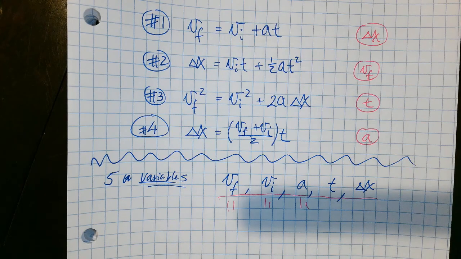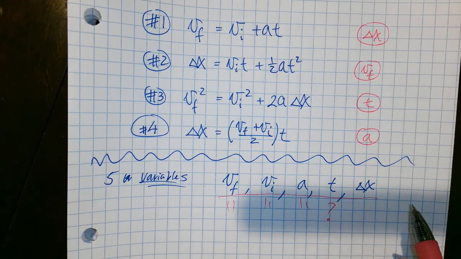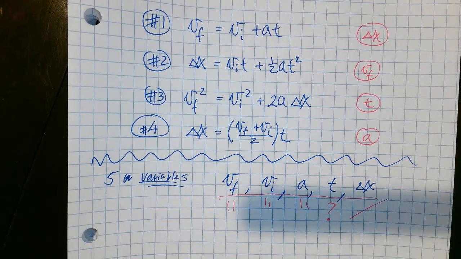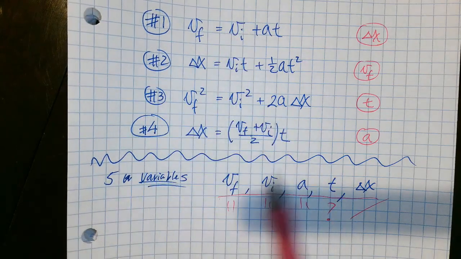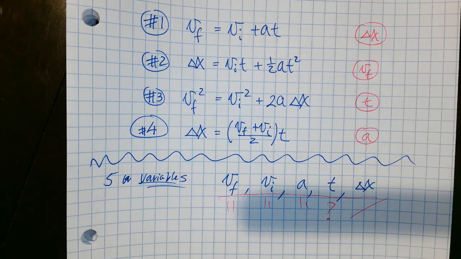And if you're looking for certain ones, you put a question mark down, and if they don't even mention it, then you don't even have to write that variable down. Then you look for the proper equation that you can use after you know these, right? Then you can plug and chug.